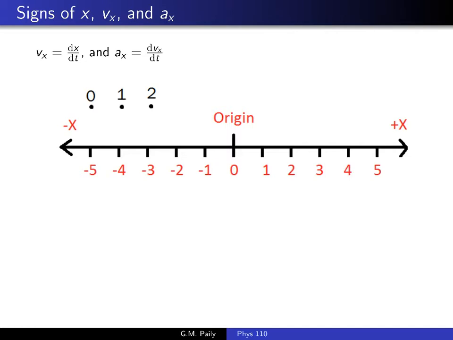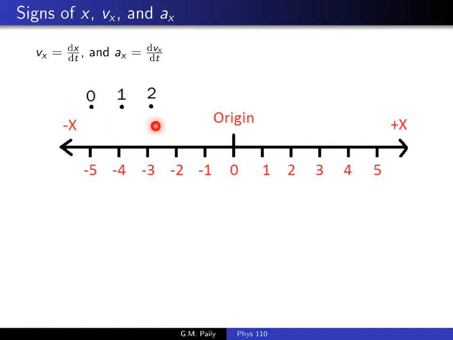Here is a motion diagram next to this axis. Remember, the 0, 1, and 2 tell you the order in which the particle's position changes. What can we say about this motion?